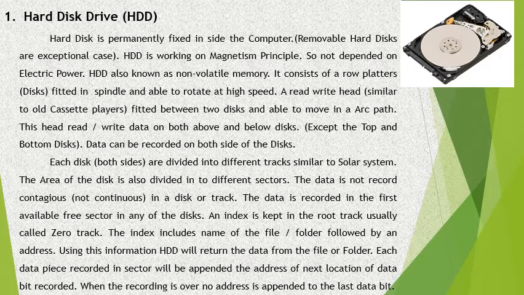Using this information, the hard disk will retrieve the data from the file or folder. Each data piece recorded in the sector will have appended the address of the next location of the data bit. When the recording is over, no address is appended to the last data bit.